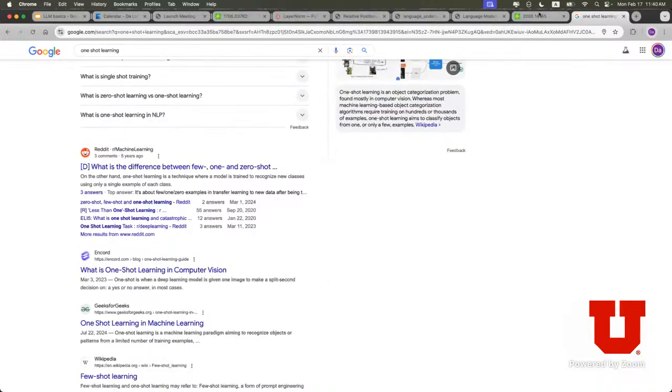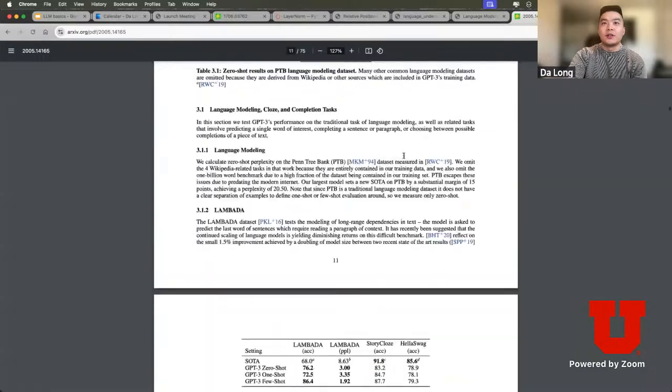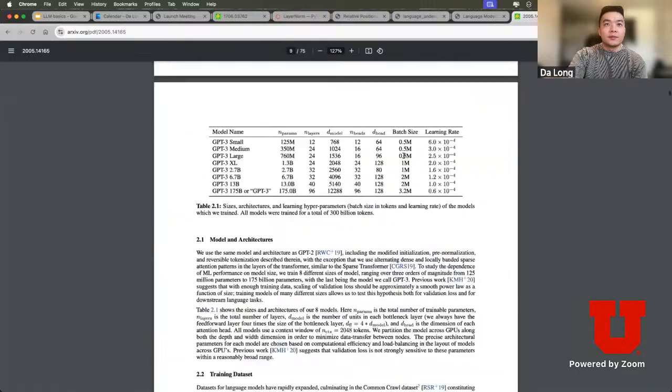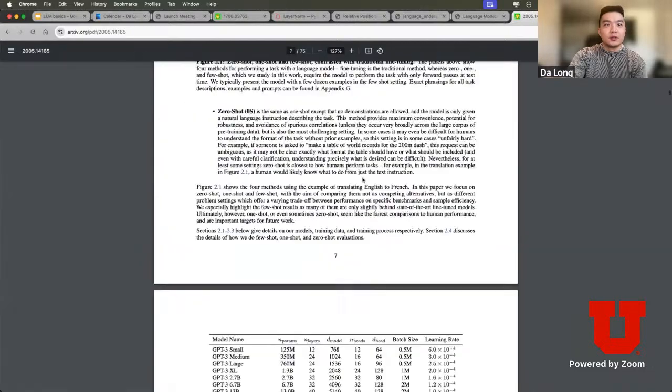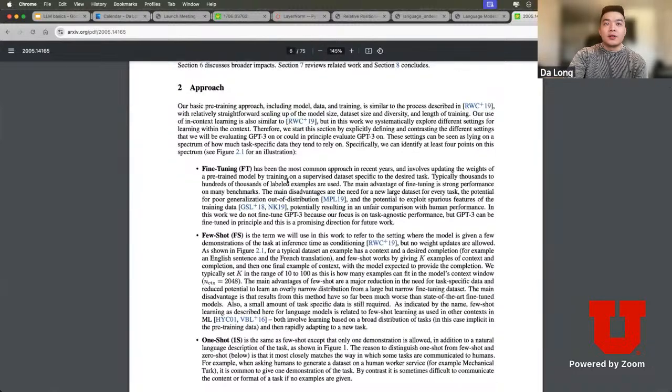Got it. Okay. So from the GPT paper, it also introduced fine tuning. In this paper, they fine tune the pre-trained model. After the pre-training stage, your model is just a token generator.